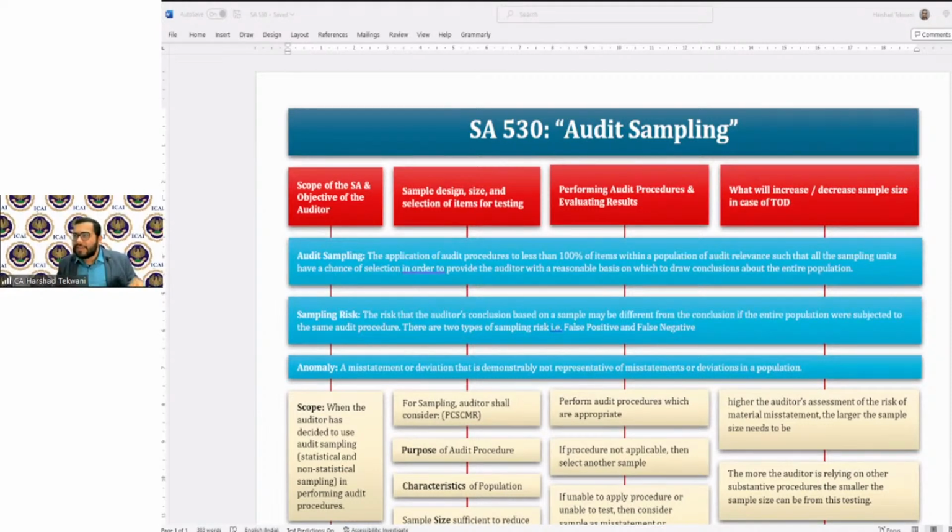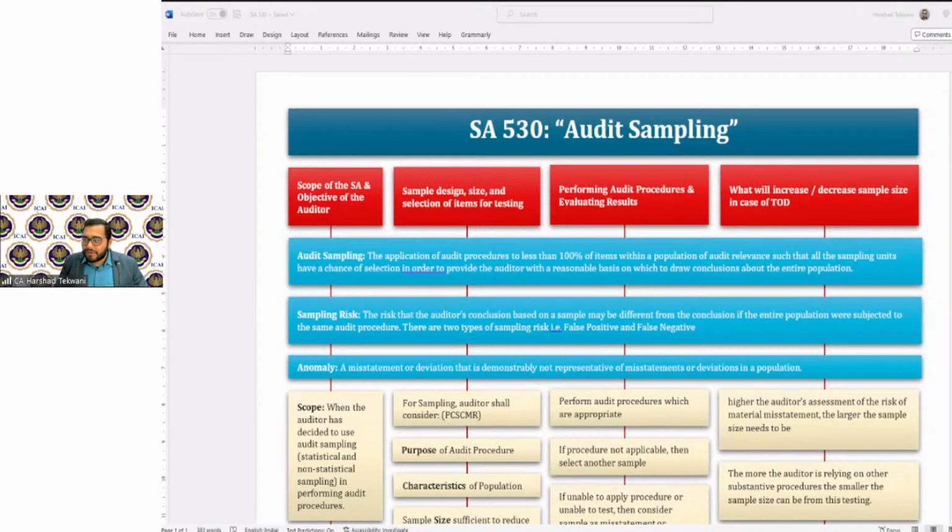It deals with the use of statistical and non-statistical sampling. We will see the types of sampling, statistical and non-statistical, as we continue with the standard, but it deals with the use of both methods when designing and selecting the audit sample. So it talks about both.